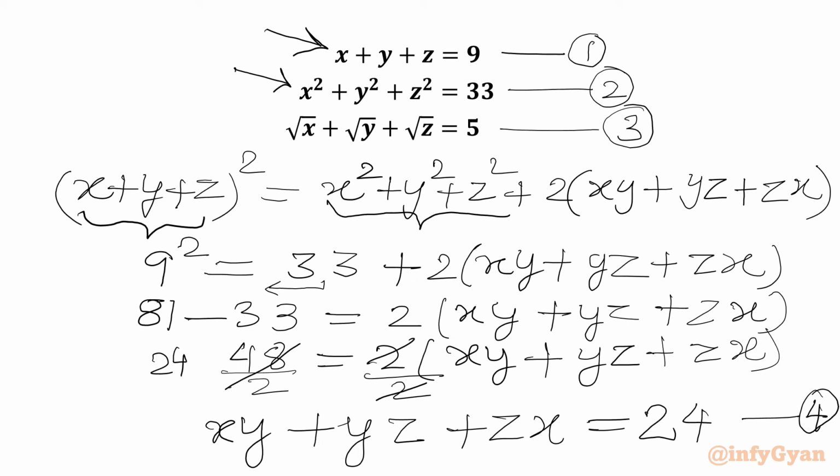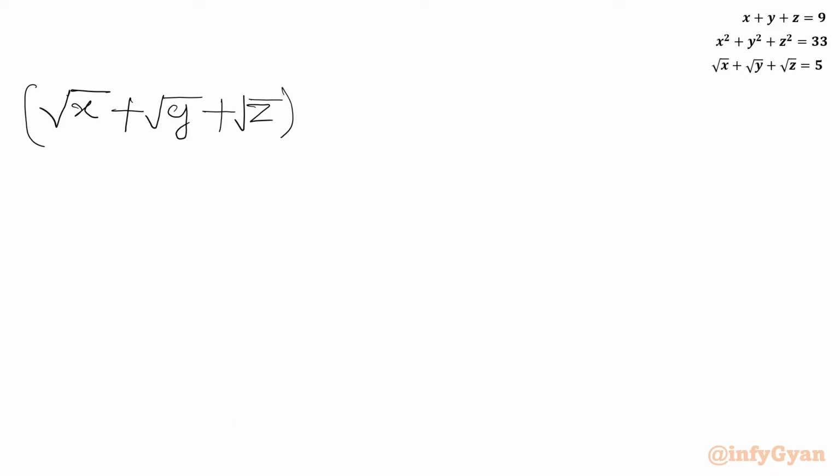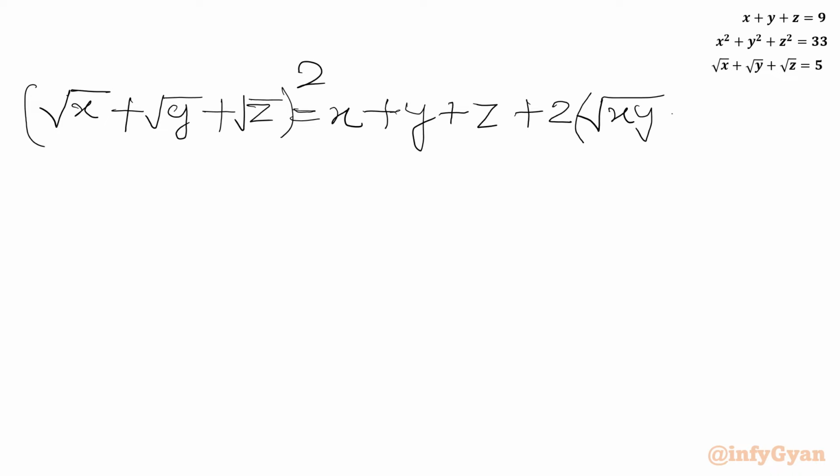Again we will use the same identity. So we will write here (√x + √y + √z)² will be equal to (√x)² which is x, (√y)² which is y, (√z)² which is z, plus 2 times √x times √y, so we can write √xy, √y times √z, we can write √yz, √z times √x, so we can write √zx.